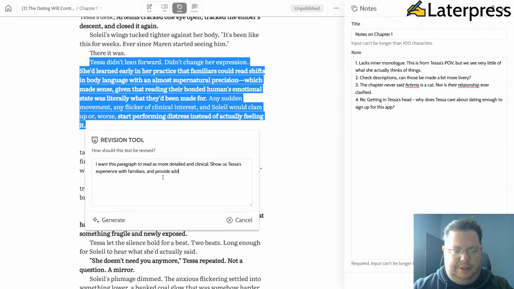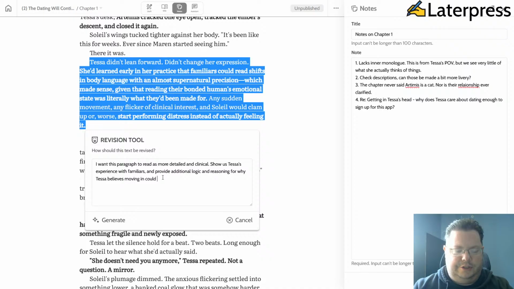Provide additional logic and reasoning for why Tessa believes moving in could, what's the word I'm looking for?